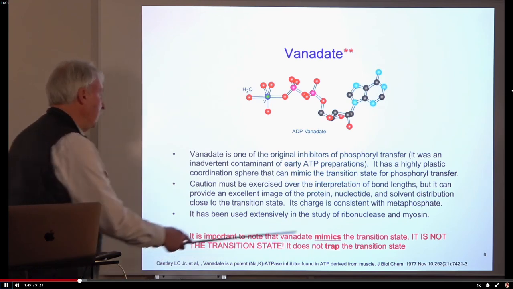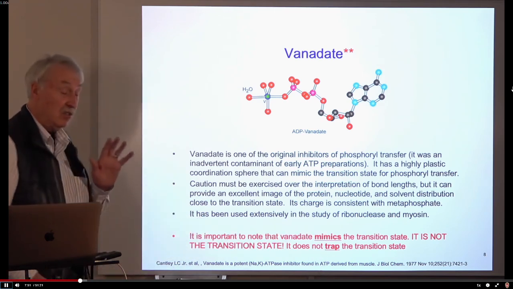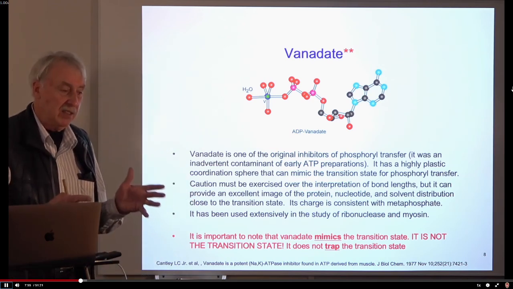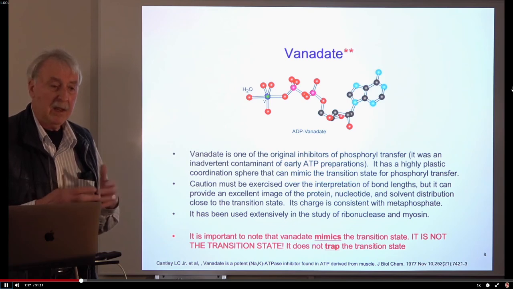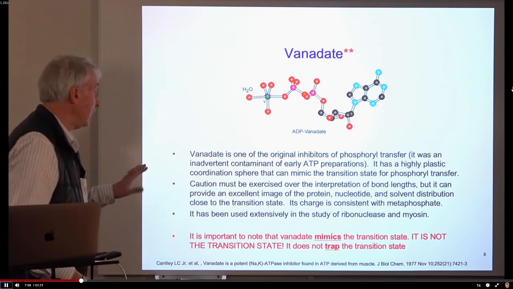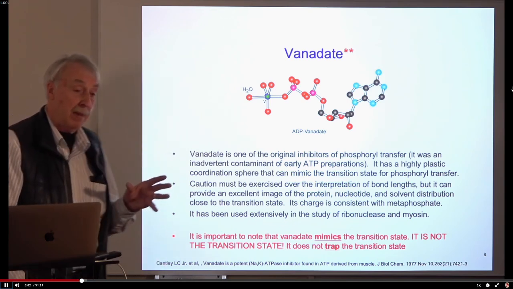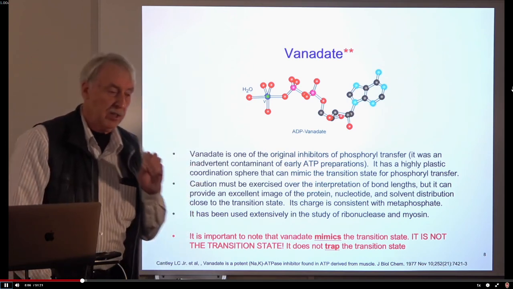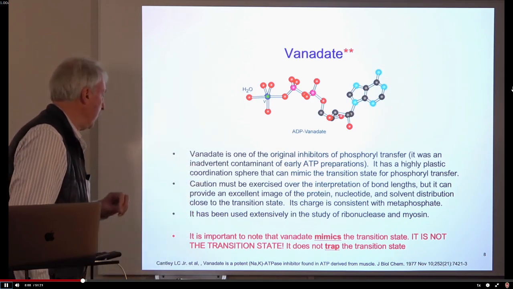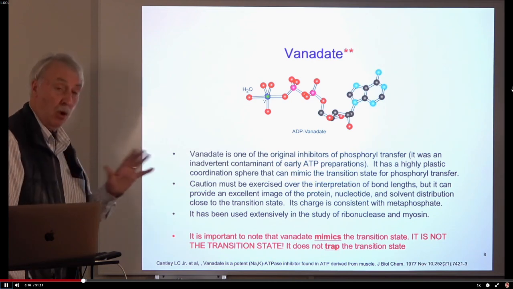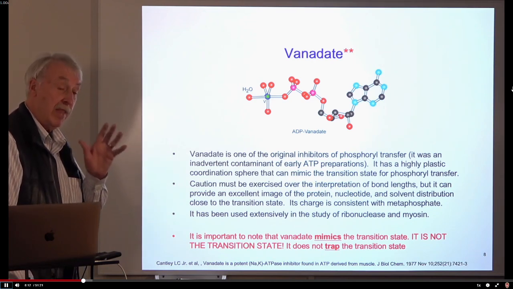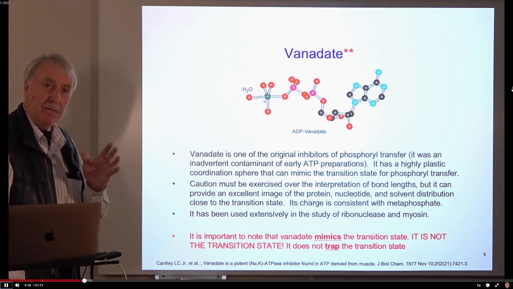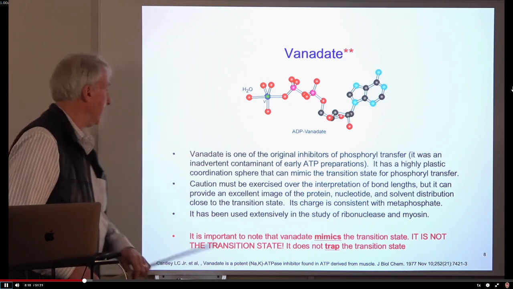It's important to note it mimics the transition state. It is not the transition state, because the transition state is something that's fleetingly present. So it allows us to see the conformation perhaps of the protein close to its transition state, but it is not the transition state itself. That's a very important point to remember. And the same is true for all of these analogs. They're not ATP, they bind tightly, but how do they differ from what we would expect ATP to be?